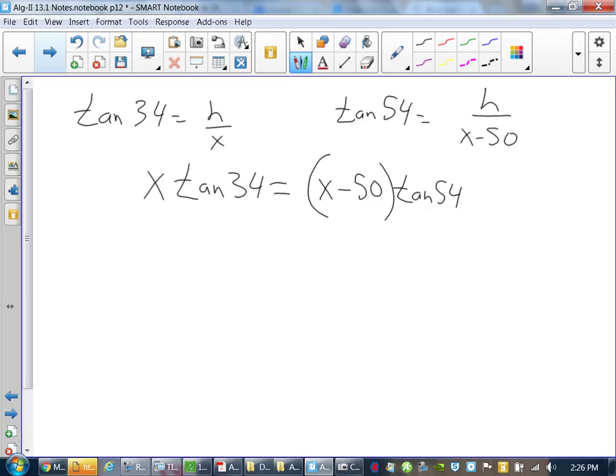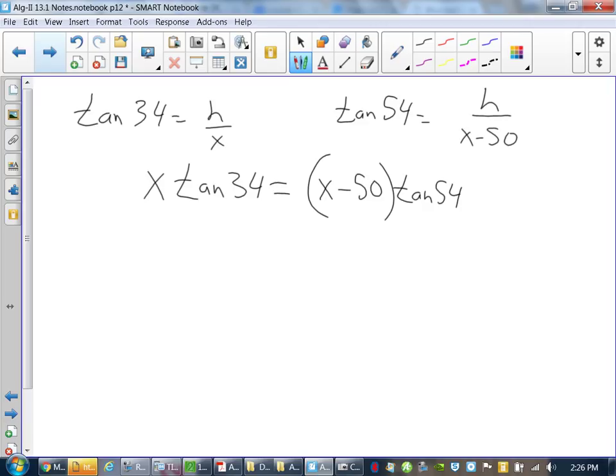Now, what I want to do next is probably the easier of the two steps. I'm going to divide both sides by the tangent of 54, instead of distributing.